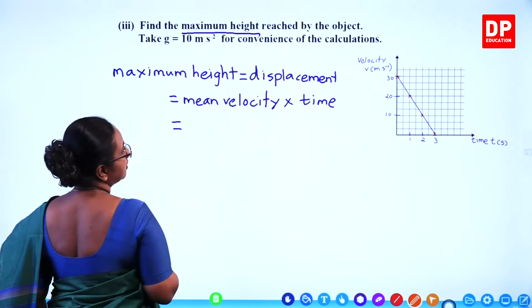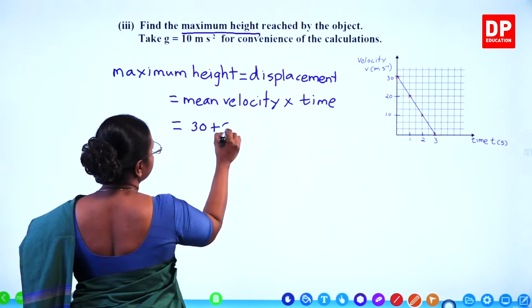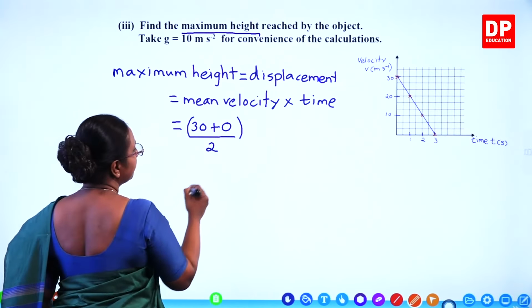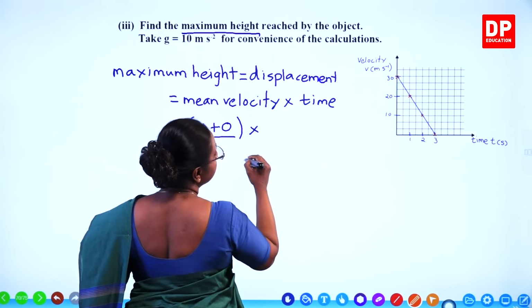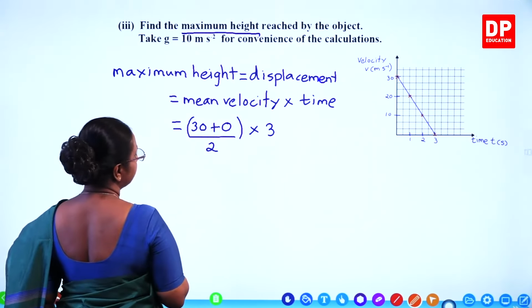So here the initial velocity was 30 meters per second, final velocity 0, divided by 2 gives you the mean velocity, and the time taken from the graph, you know, it's 3 seconds.